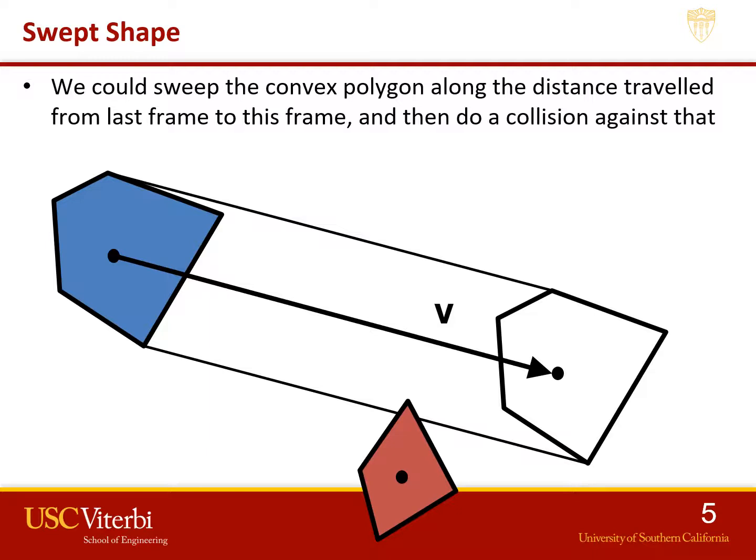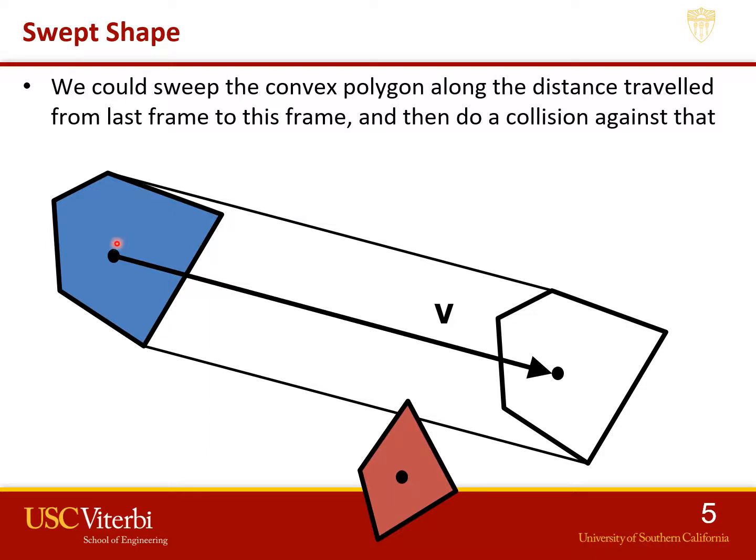What I'm going to talk about is taking a convex polygon. We talked about the fact that if you had two convex polygons, like the blue one and the red one, you could find a separating axis between them. So what if we could sweep the convex polygon? That's what we're going to do here.